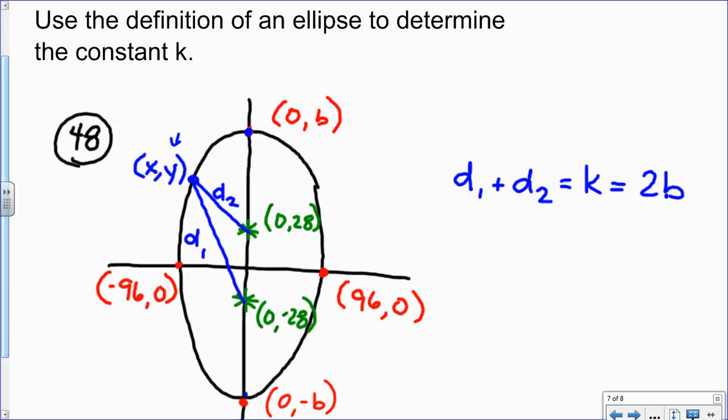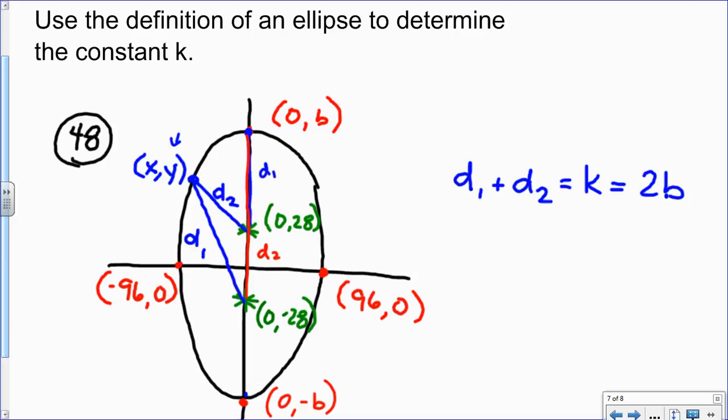That's a point on the ellipse, (0, b). Then I should know that this distance here, which I'll call distance 1, plus this distance here, which I'll call distance 2, equals k. The sum of the distances from the point to each of the foci is what k is.